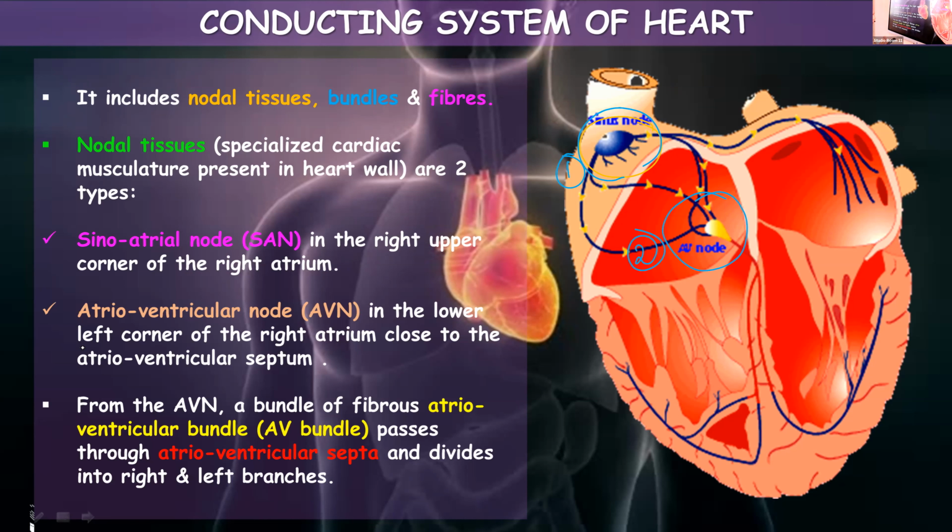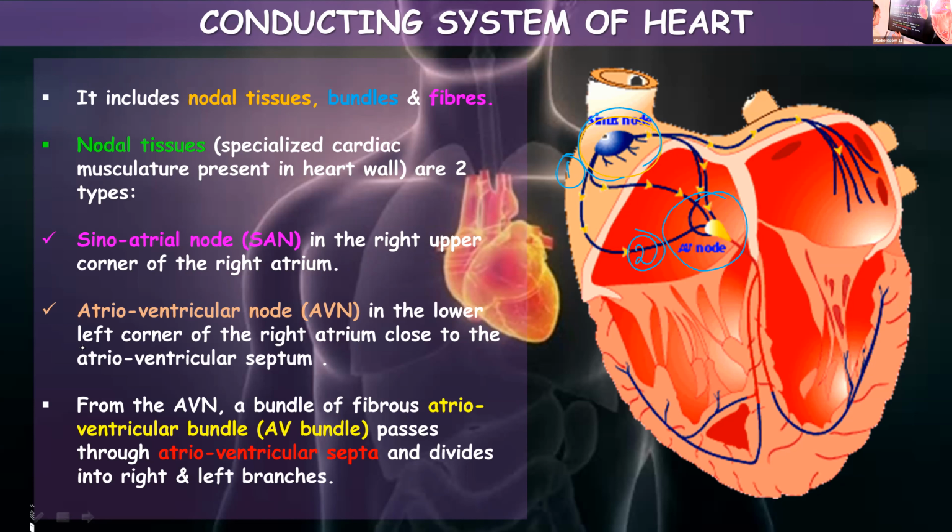From the atrioventricular node, a bundle of fibers, you call it the AV bundle or atrioventricular bundle, will pass through the atrioventricular septum and emerge on the upper part of the interventricular septum.